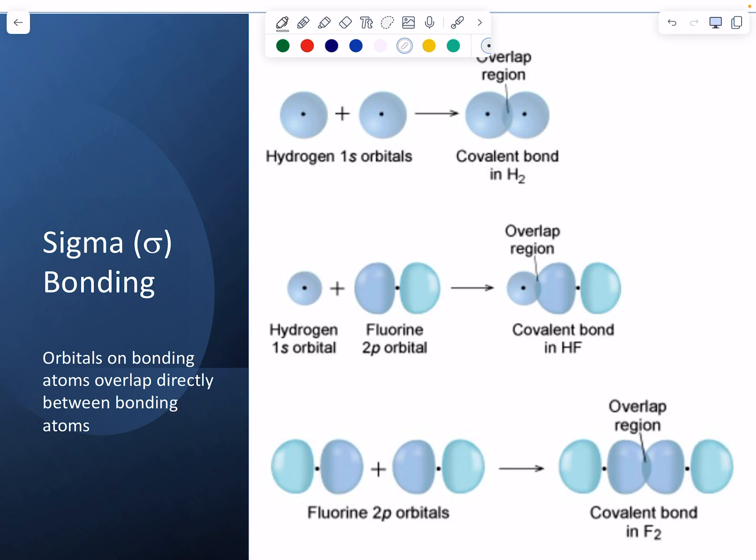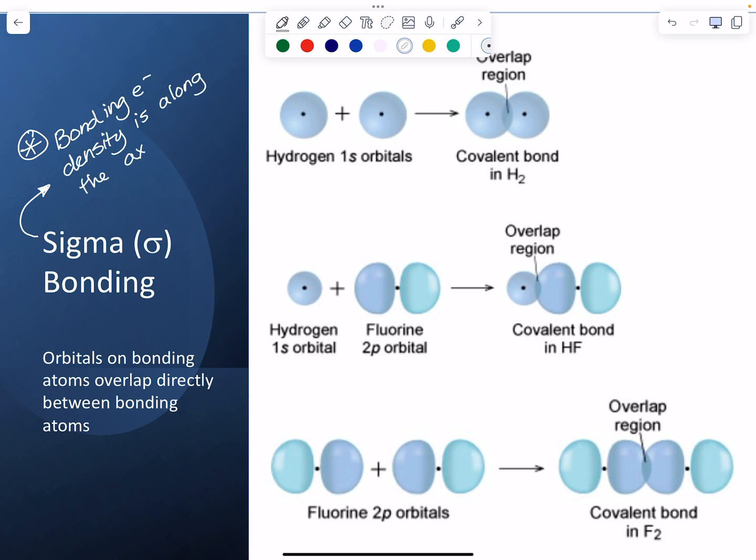We're going to call that the internuclear axis. So for a sigma bond, our key important thing is that the bonding electron density, our bond, is along the axis between the two nuclei.